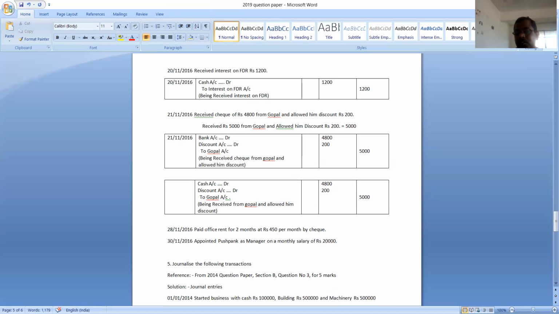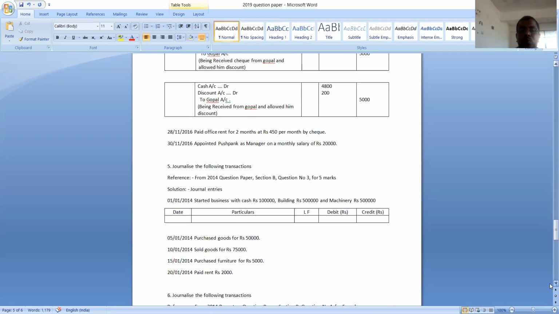Once again, I will repeat. When the payment is made or received in the form of cheque, the cheque amount and discount amount should be treated separately. But when the payment is made in the form of cash, the discount should be deducted from the cash. That is the reason we deducted 200 rupees from 5,000. So we wrote here cash account debit 4,800, discount account debit 200, to Gopal's account 5,000.